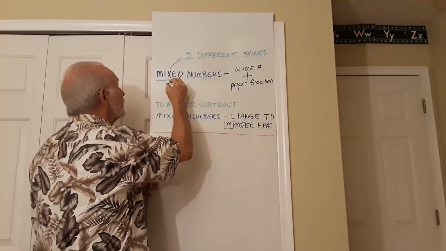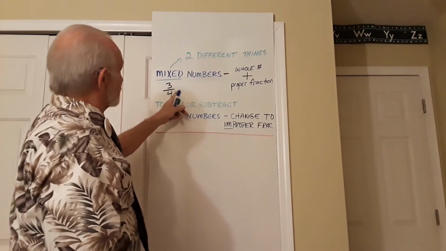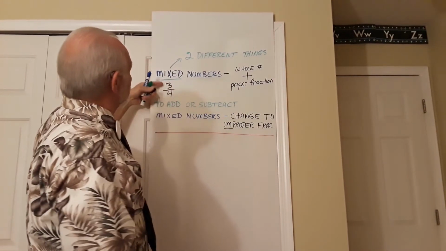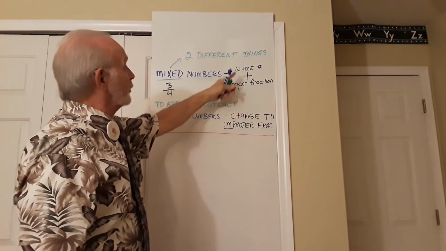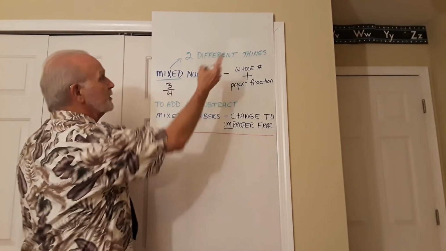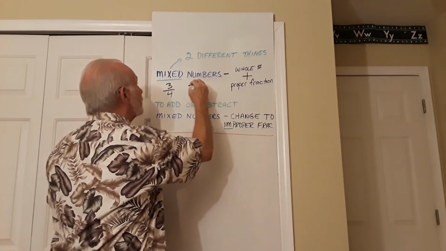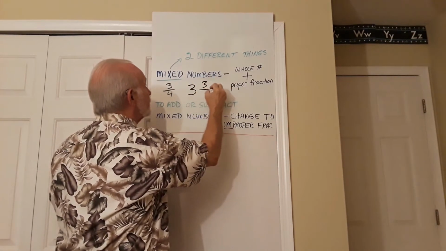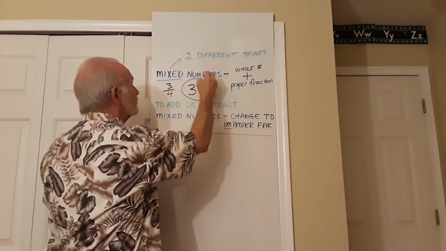It is 3 over 4. Now everybody knows that is a proper fraction. Why? That's right, because the numerator is smaller than the denominator. Well, that's part of a mixed number. So all I need is a whole number. Let's pick one out. 3. So we have 3 and this 3/4. There is a mixed number. We just made one up.